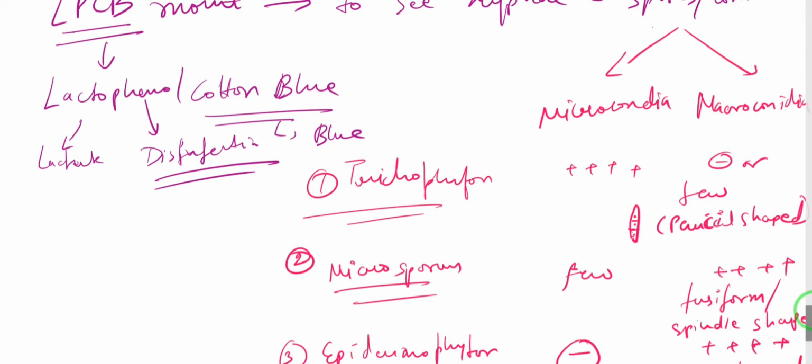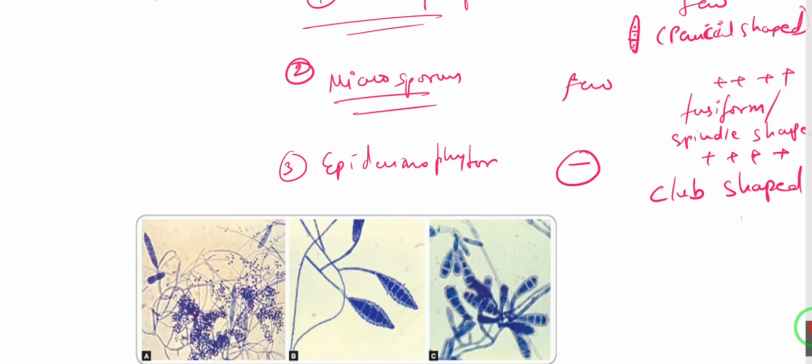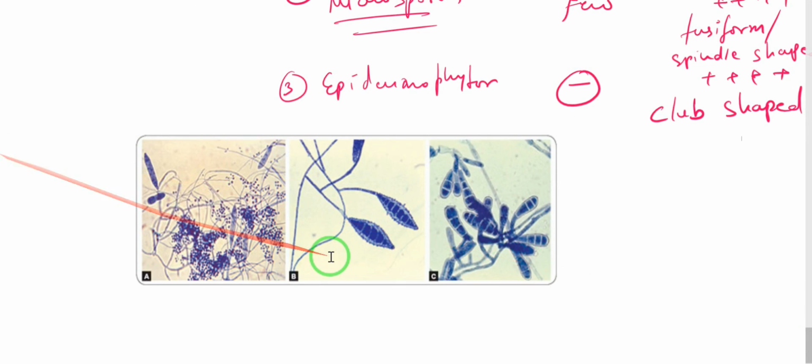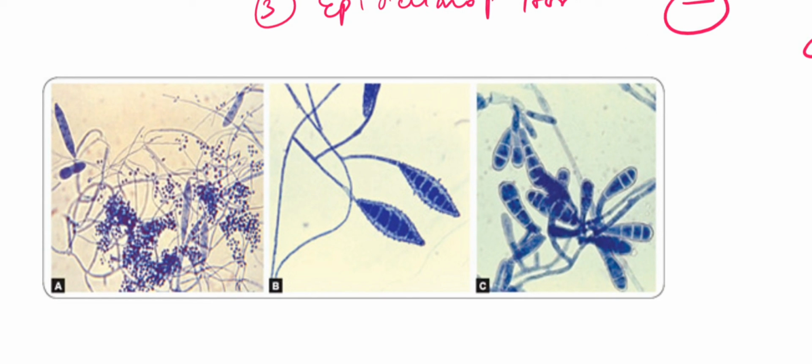So let us see these. Okay, so here we are. This is the case of Microsporum, and we can see the fusiform or spindle shaped macroconidia. This is one, this is second, and these are the club shaped macroconidia in case of Epidermophyton, and this is the pencil shaped macroconidia in case of Trichophyton, and there are numerous microconidia, right?